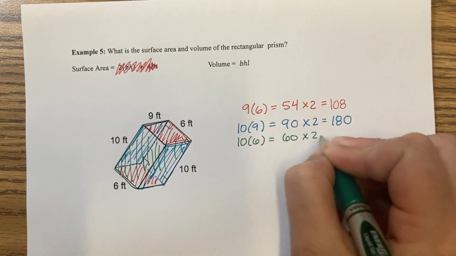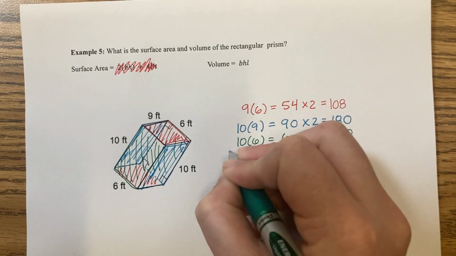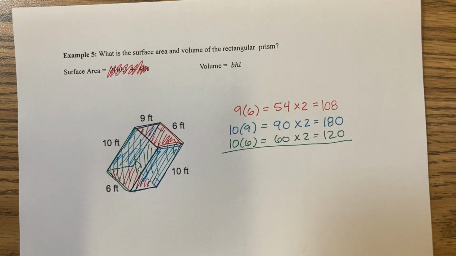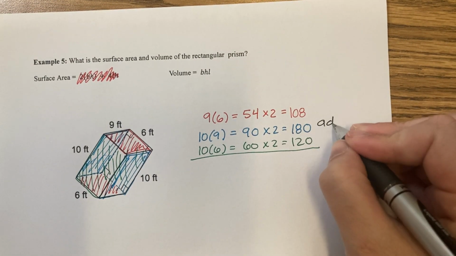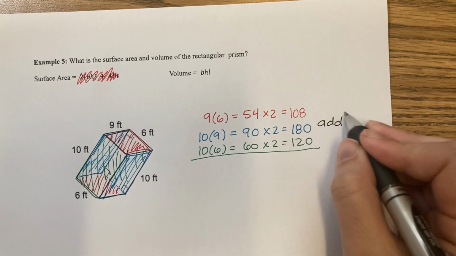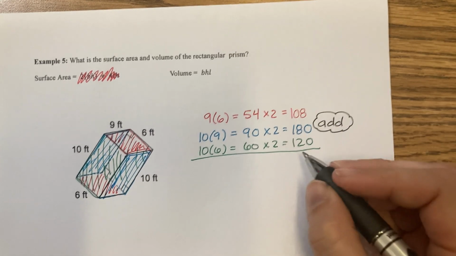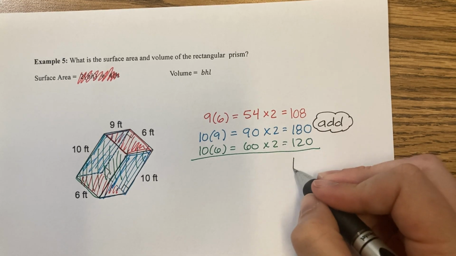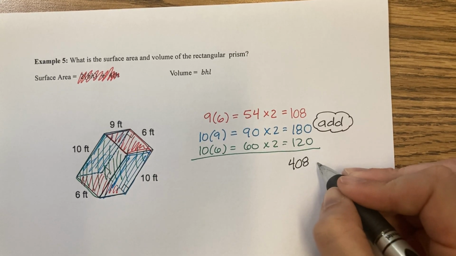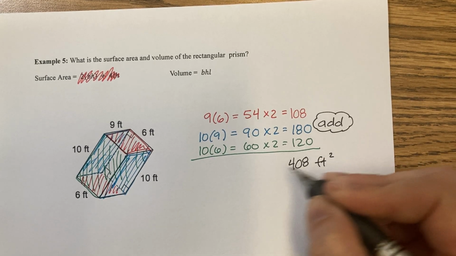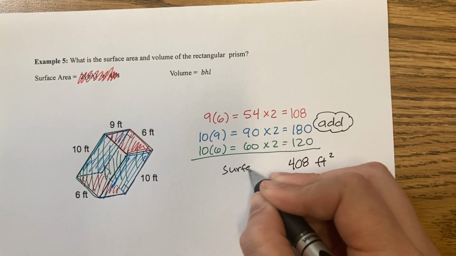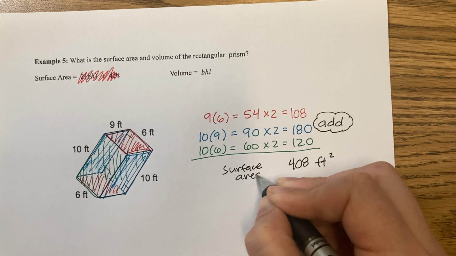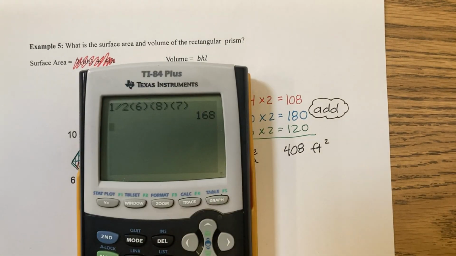So I need 2 of them. So I would have 8, 9, 10, 1, 2, 3, 408 feet squared for the total surface area.